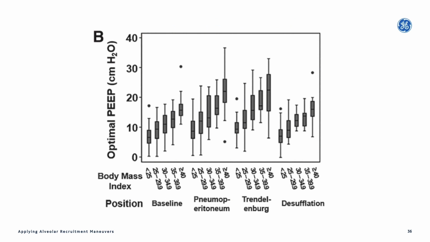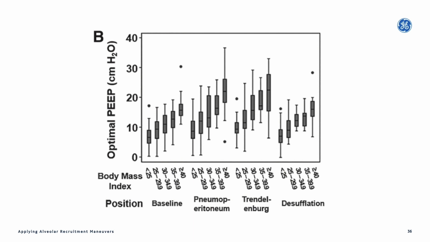The authors placed esophageal manometers in all patients presenting for surgery in this study and used esophageal pressure measurement as a surrogate for pleural pressure. When pleural pressure is known and airway pressure is known, the difference between the two estimates transpulmonary pressure and can be used to determine the optimal PEEP.